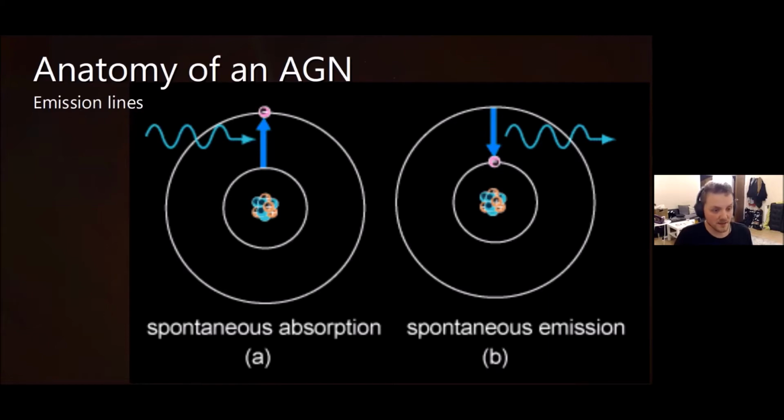So you have some gas with a lot of different elements in it. Something excites these atoms, and then the electrons de-excite and emit some light. This is the basic cause of all of this emission.